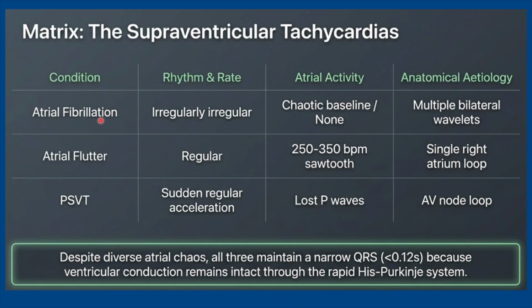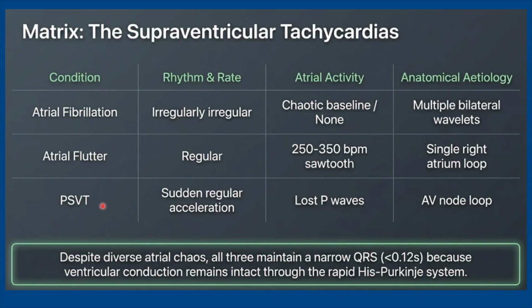In summary, atrial fibrillation gives an irregular rhythm, chaotic baseline, no P waves, just a fibrillatory baseline, and it is due to multiple wavelets. Atrial flutter is a regular rhythm, with atrial activity between 250 and 350 beats per minute, giving the sawtooth appearance, and it is due to a single right atrial loop.